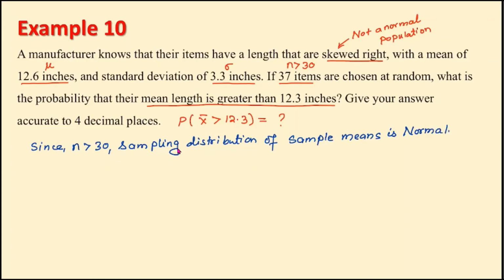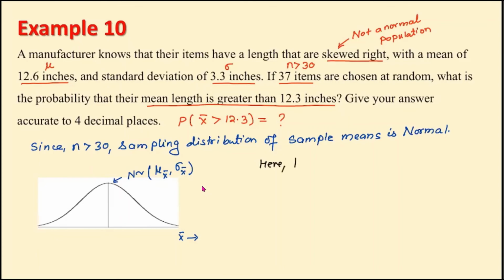Let me draw that normal distribution quickly. Suppose this is the sampling distribution of sample means. Along the x-axis we have the sample means, and this is the normal distribution with mean mu sub x bar and standard deviation sigma sub x bar. So let's find these two values. The mean is equal to the population mean, which is 12.6.